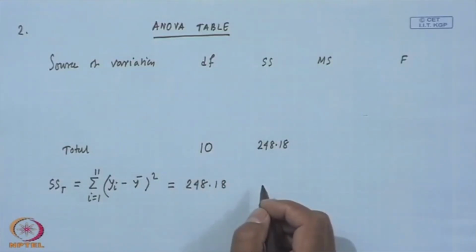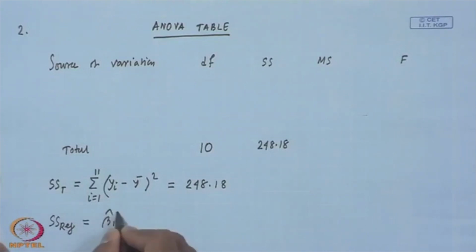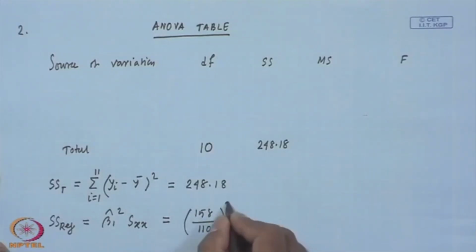Now, you can compute SS regression. SS regression is beta 1 hat square S x x, and we know that beta 1 hat is 158 by 110, square, and S x x is 110, right.